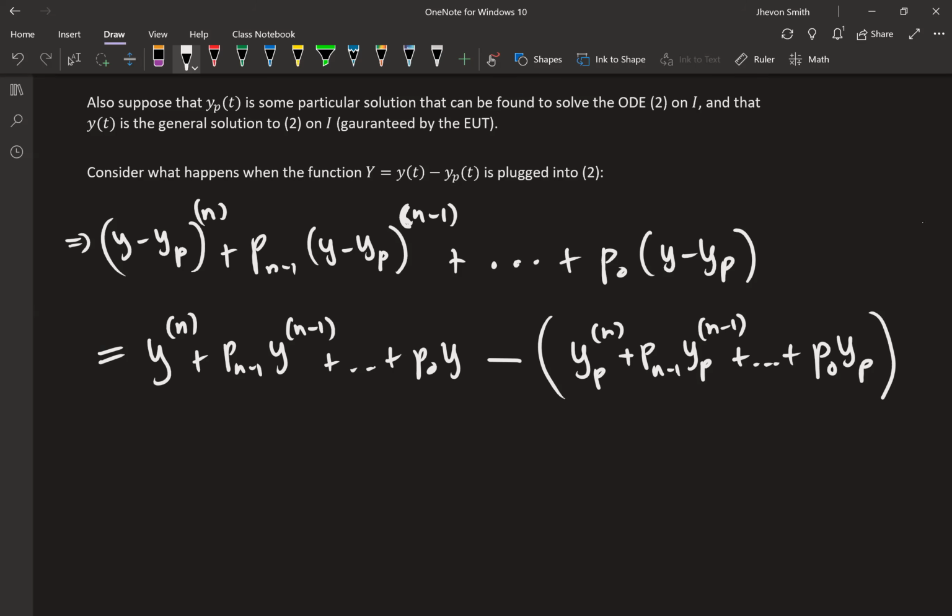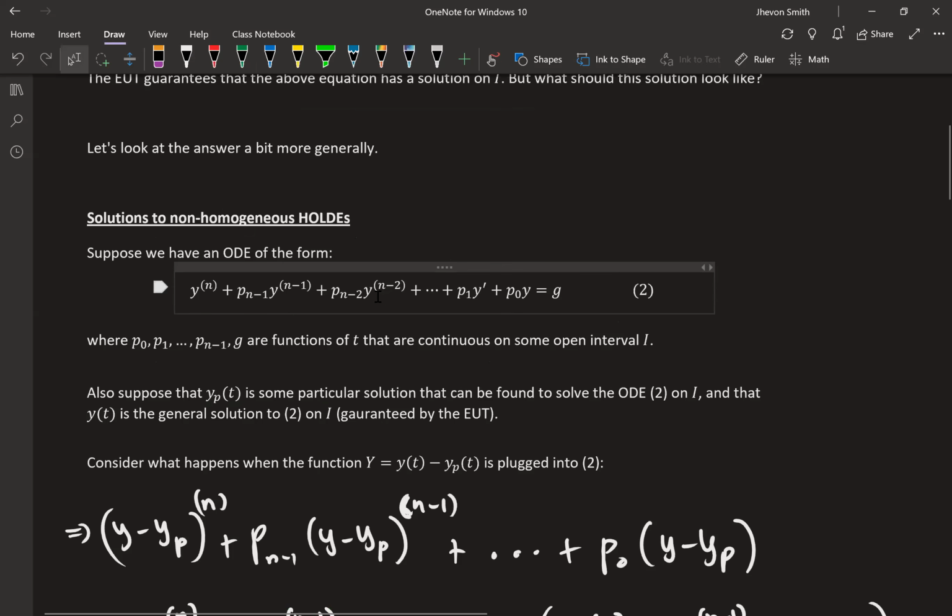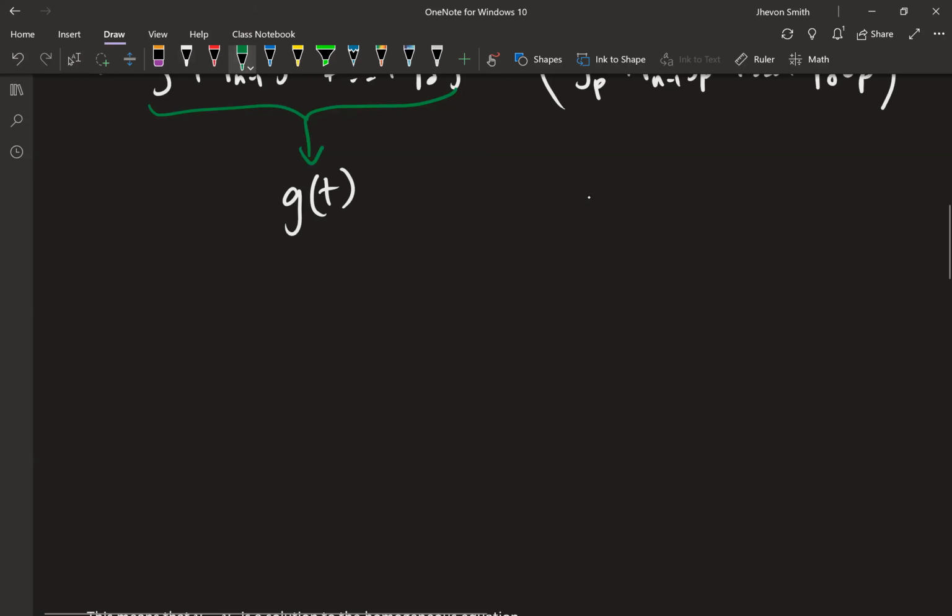There. Now this guy here is equal to g of t. How do I know it's g of t? Because I assume my y was a general solution to this equation, which means if I plug y in here, it gives me g as a result. Since y is the general solution.